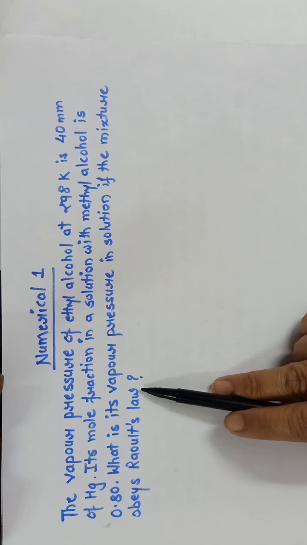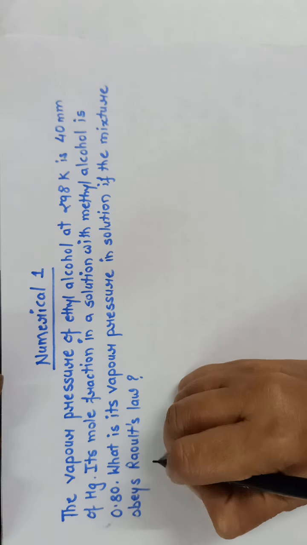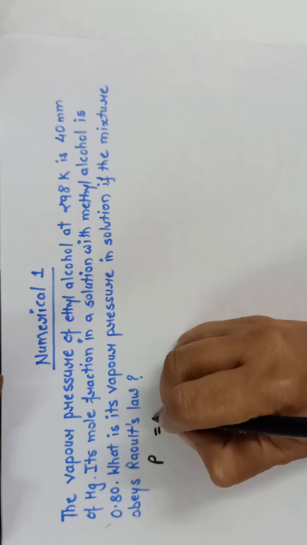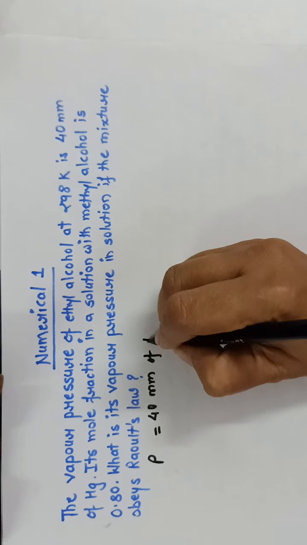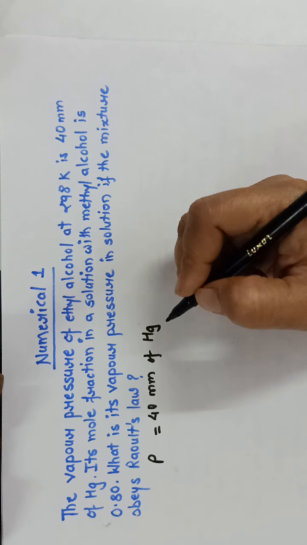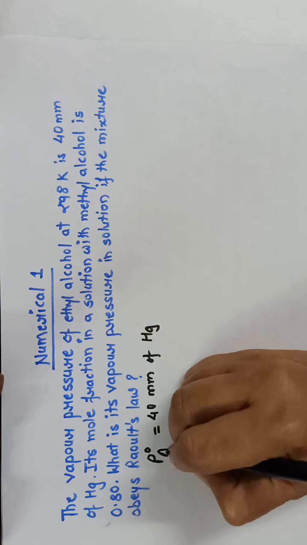First of all, let us note down the things already given in the numerical. The pressure is 40 millimeter of mercury, and this pressure is that of pure ethyl alcohol, and therefore we will take it as P0A.